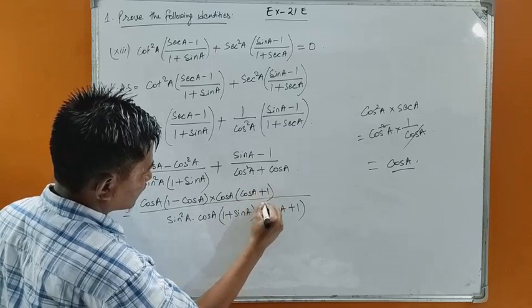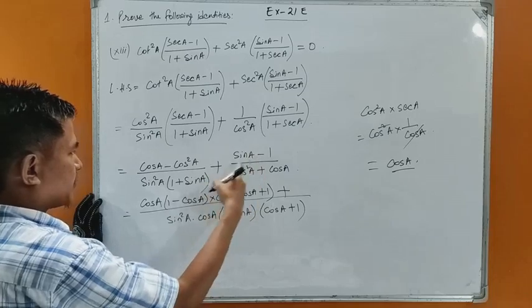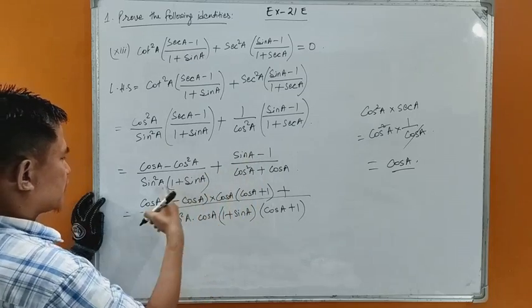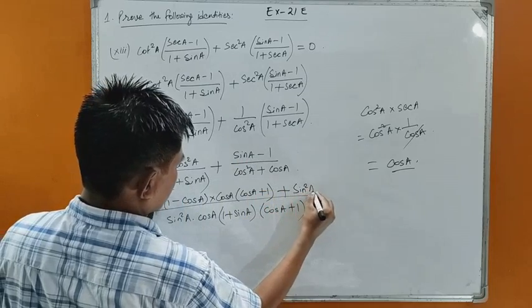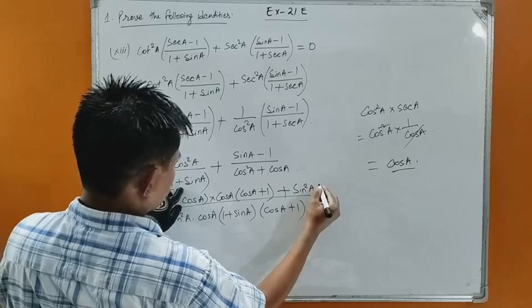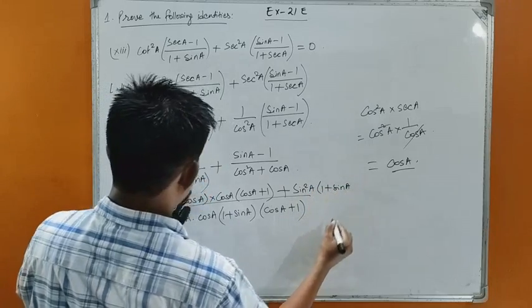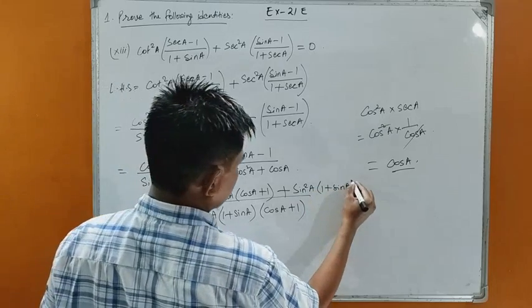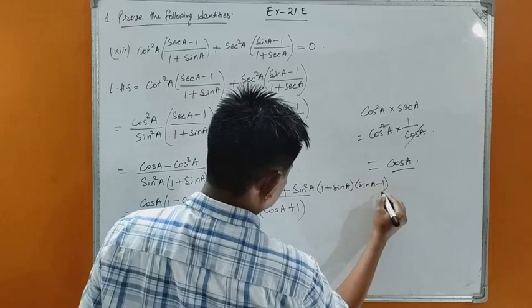Plus 1 plus, now we need to multiply these two numbers, isn't it? So sin square a into 1 plus sin a into 1 plus sin a into sin a minus 1, sin a minus 1. Okay.